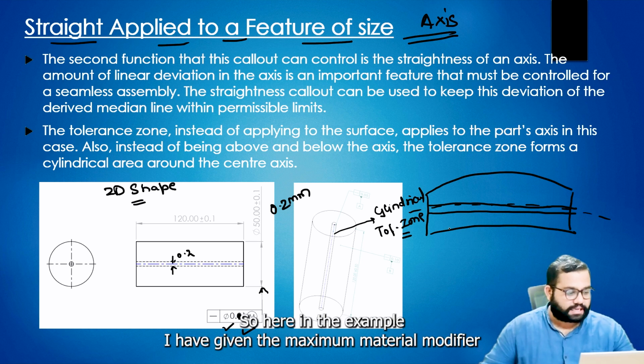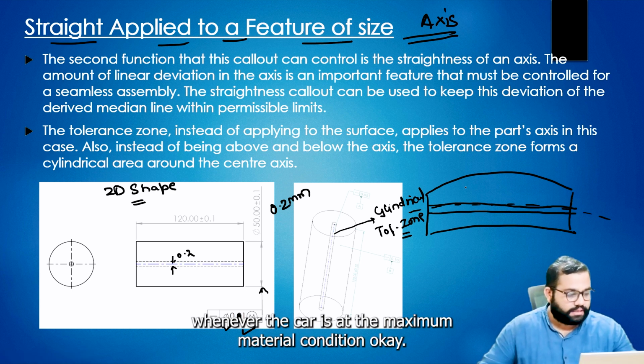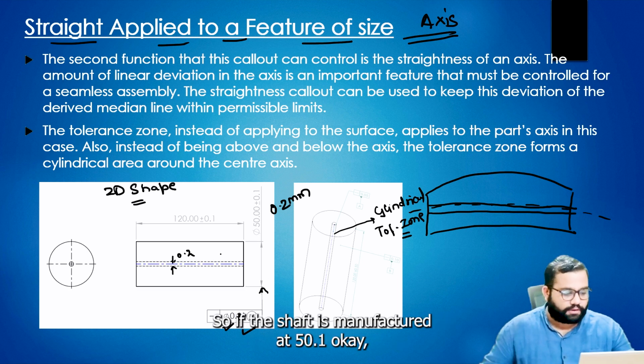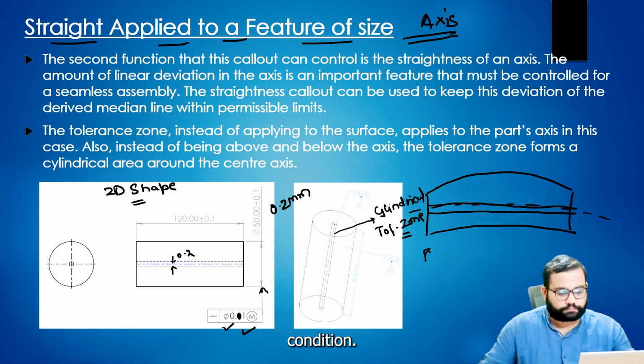Here in the example, I have given the maximum material condition modifier, which tells that whenever the shaft is at the maximum material condition. If the shaft is manufactured at 50.1, what will be the MMC condition?